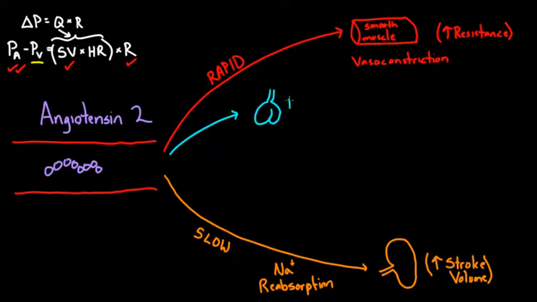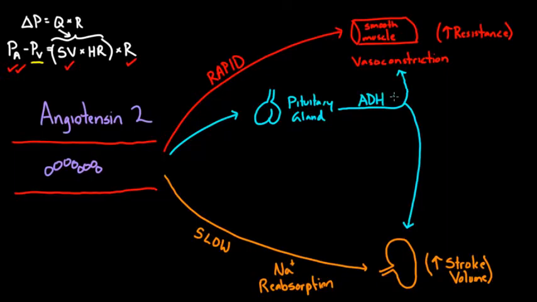So this is your pituitary gland, and the pituitary gland is in charge of releasing hormones of its own. And so when it gets a signal from angiotensin 2, it'll start sending off its own hormone called ADH. And ADH is antidiuretic hormone. It'll definitely cause vasoconstriction of the blood vessels, just like angiotensin 2 did.